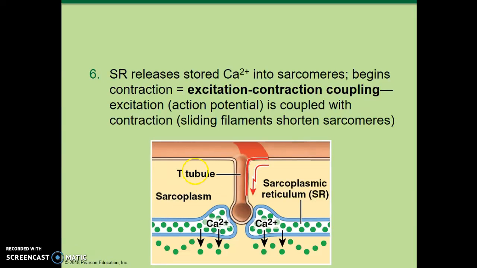So once the action potential travels down to the sarcoplasmic reticulum, it releases the calcium, and this begins the excitation-contraction coupling. That is, the action potential is coupled with contraction, that sliding filament that will shorten the sarcomeres.